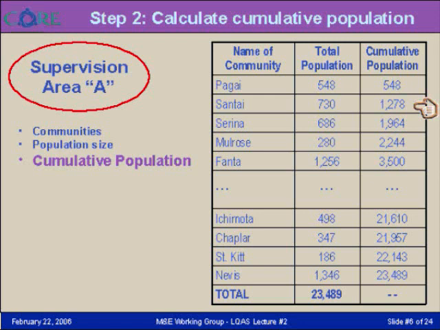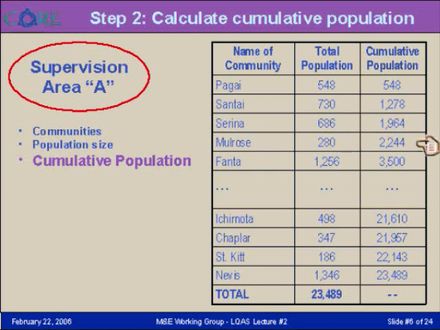To get the third cumulative population cell, we will again add 686, the population size of the next community, and we're going to add that to the previous cumulative population cell, that is 1,278, in order to get the cumulative population of 1,964, and so on, to get the rest of the cumulative population cells.